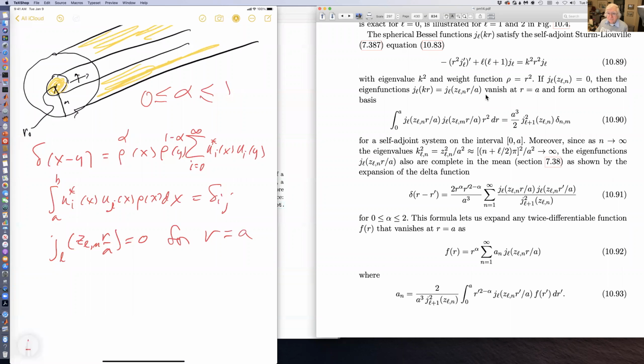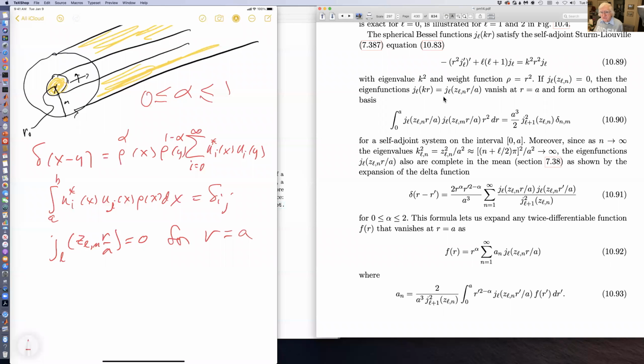And so in that case, we have this orthogonality relation, and this is a self-adjoint system on an interval. In this case, the interval is 0 to a. Actually, I should leave this the way it was, because that's general. Whereas here, what we've got is 0 to a, J_L.